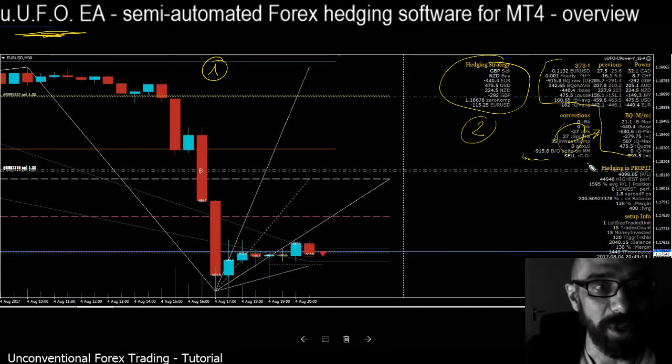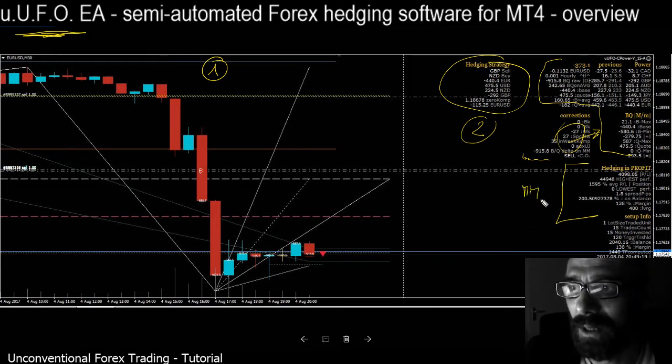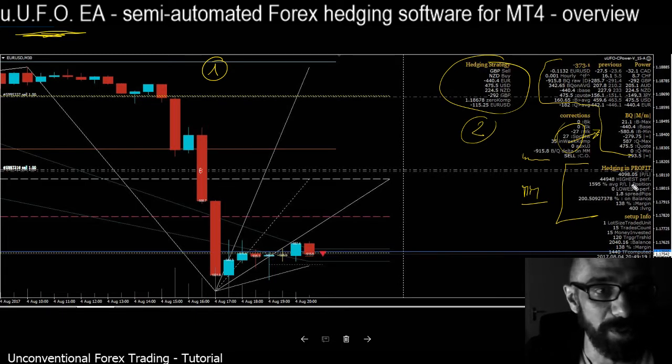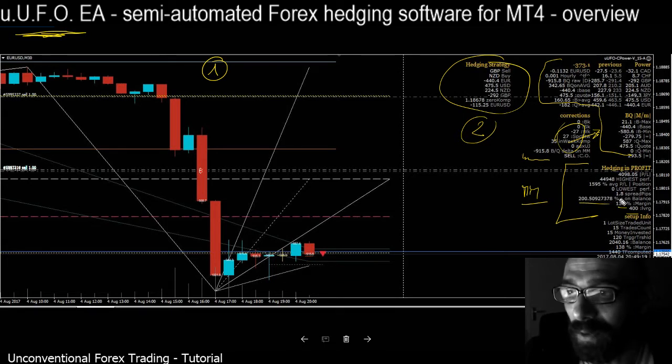We also have another section that is always present, which is money management. This is crucial because it has all the information regarding our trading activity: margin, leverage, balance, and percentage of profit or loss.